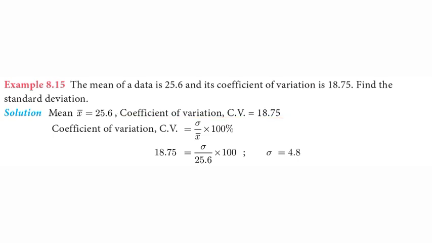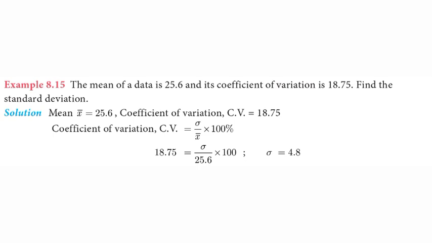Now find the standard deviation. We write the formula CV equals sigma divided by x bar into 100. Substitute the value: 18.75 equals sigma divided by 25.6 into 100.